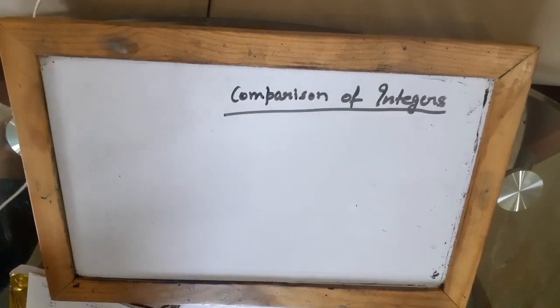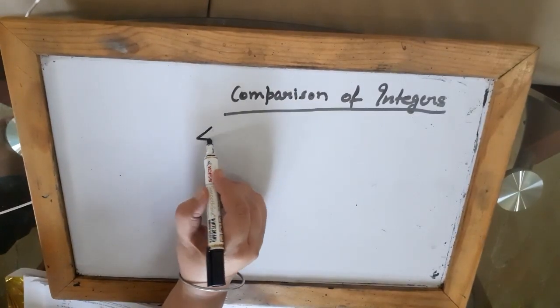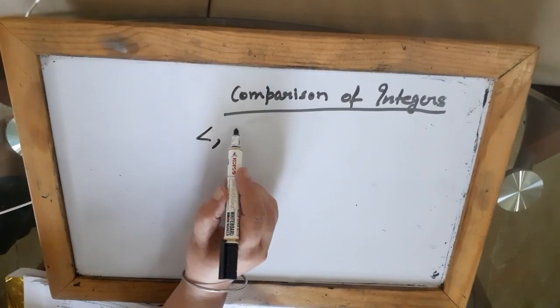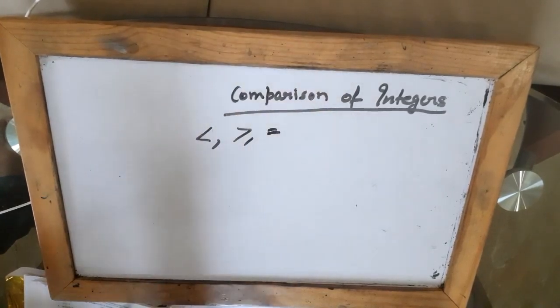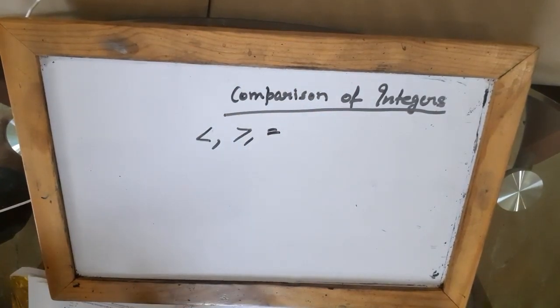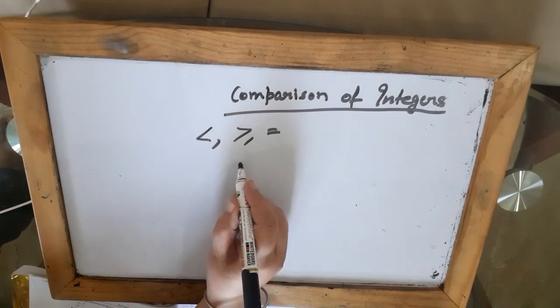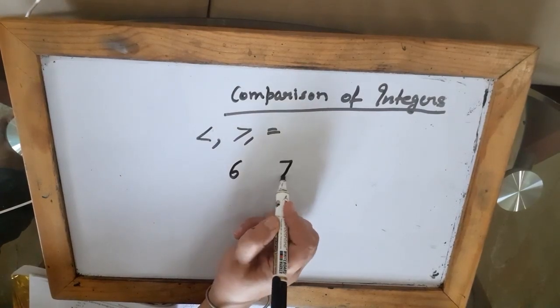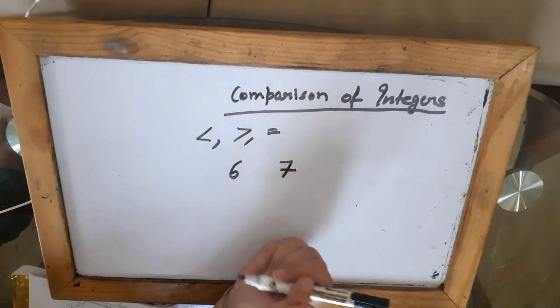Now before I start with the next question, we will understand the comparison of integers. How do we compare integers, like which is greater, which is smaller, and how they are equal. So first of all, we will understand what comparison of integers is. Now if I give you two positive integers, 6 and 7, which of them is greater?